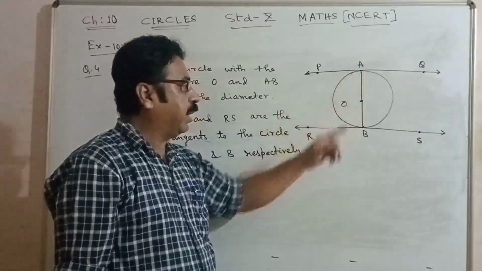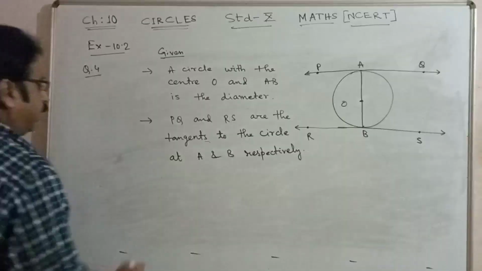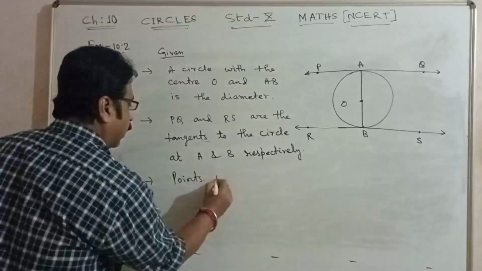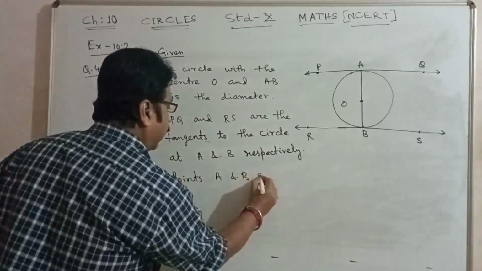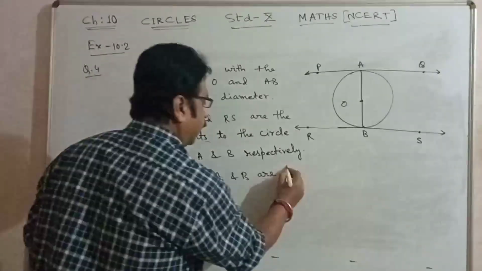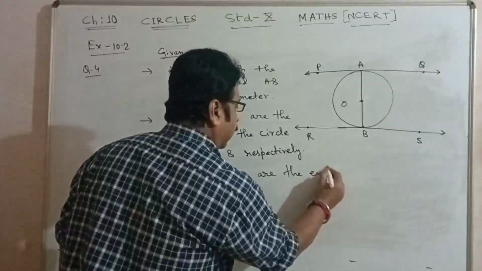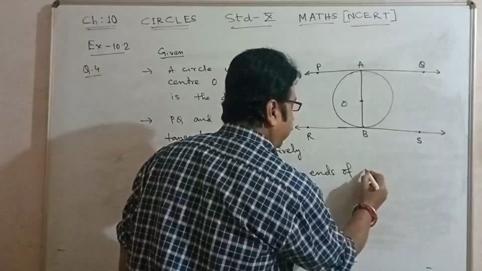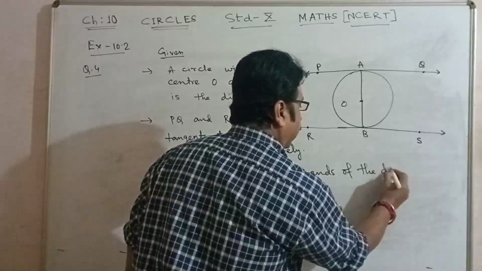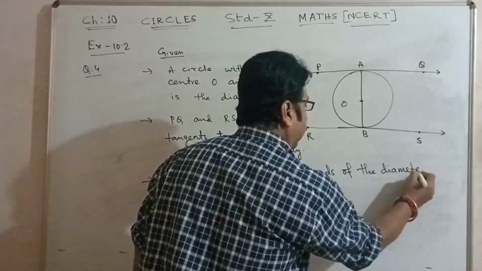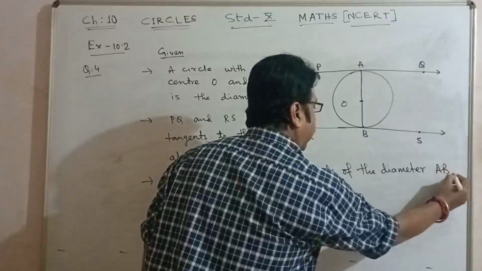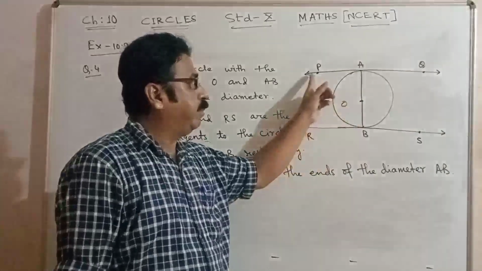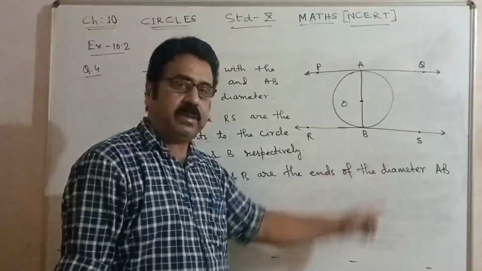Points A and B are the ends of the diameter AB. At these ends, PQ is the tangent and RS is the tangent.